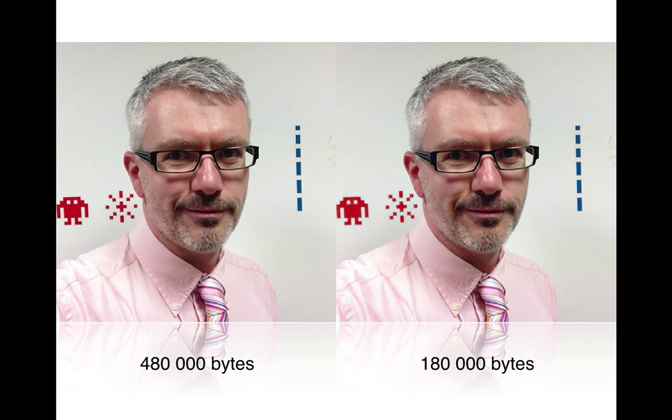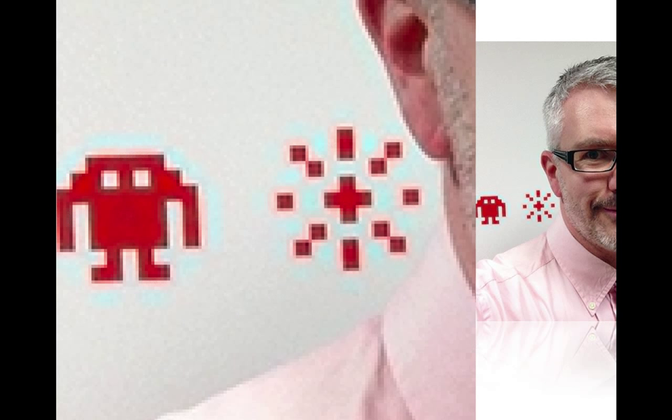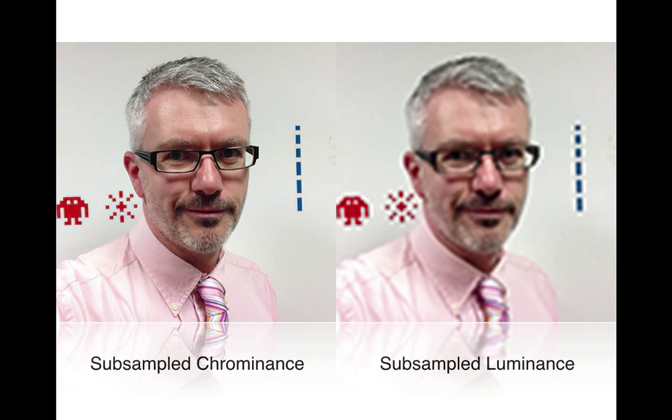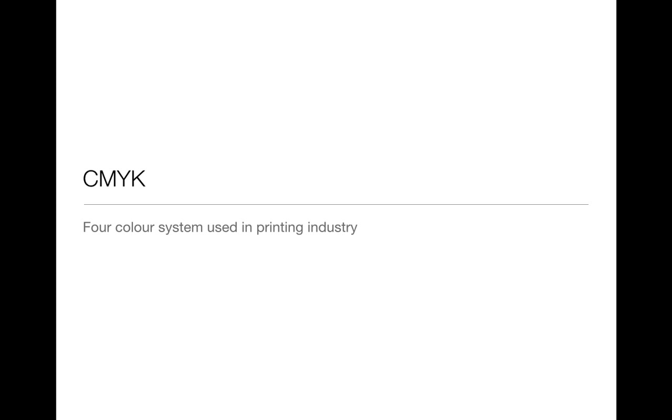On the right here, there's 1/16 of the color information. 15/16 of it have been removed. When you do the same with the luminance, though, you really notice it. So the point here is that humans are much more sensitive to luminance than they are to chrominance. And so you can really get away with cheating on the color, and everything will look okay.